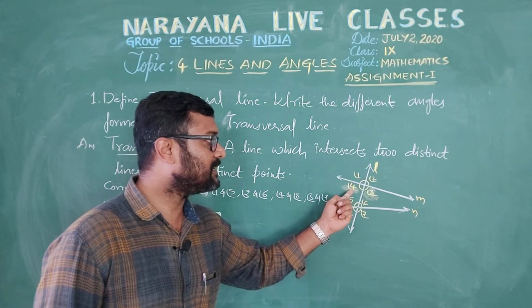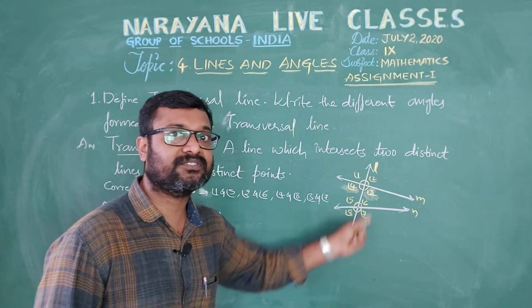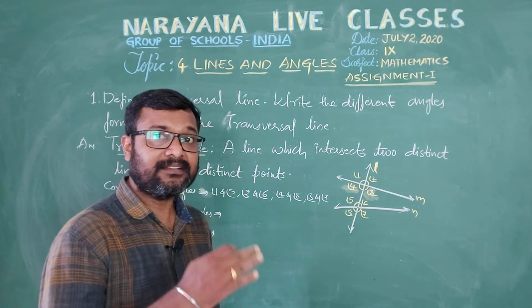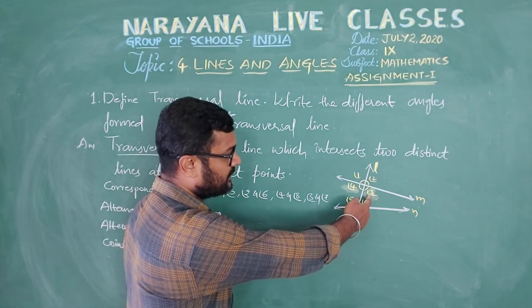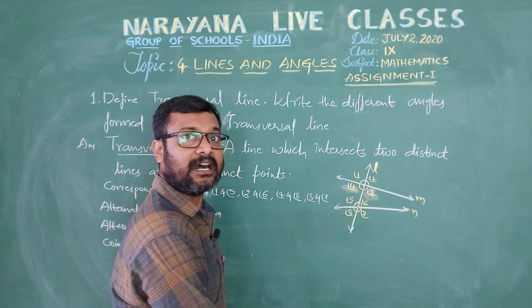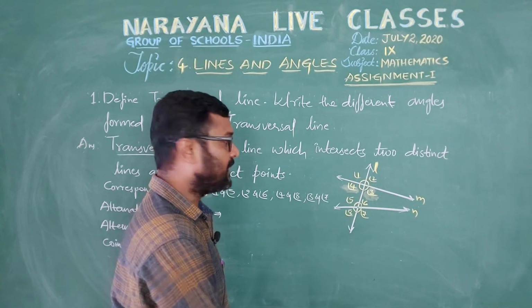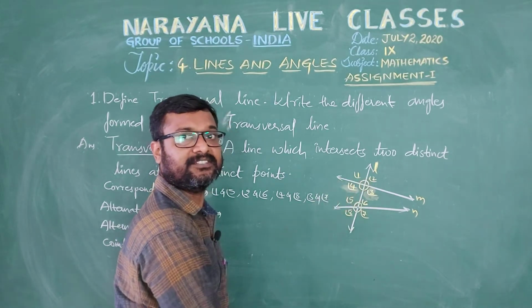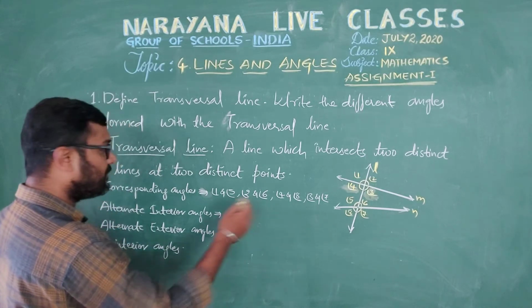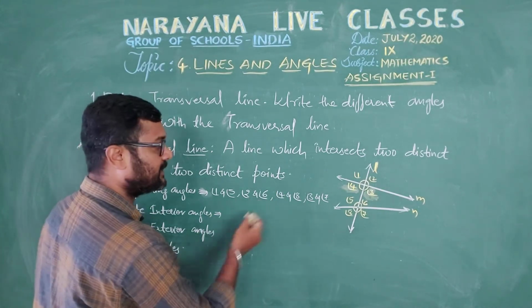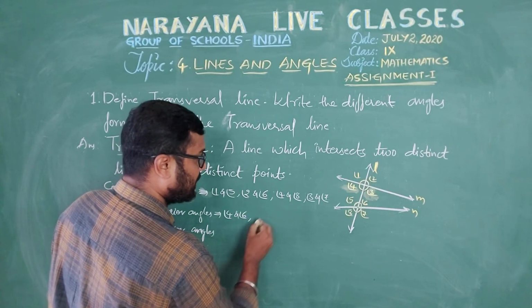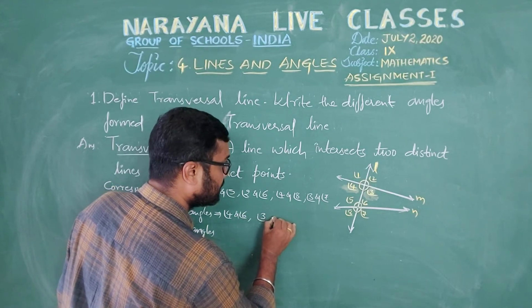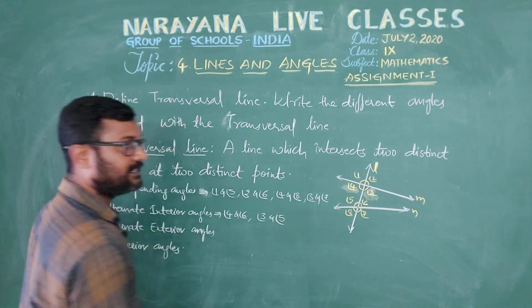Why? Because they are on opposite sides of the transversal line. And 3, 5 are also alternate interior angles, on opposite sides of the transversal line. Now here we have two pairs of alternate interior angles: angle 4 and angle 6, and angle 3 and angle 5.